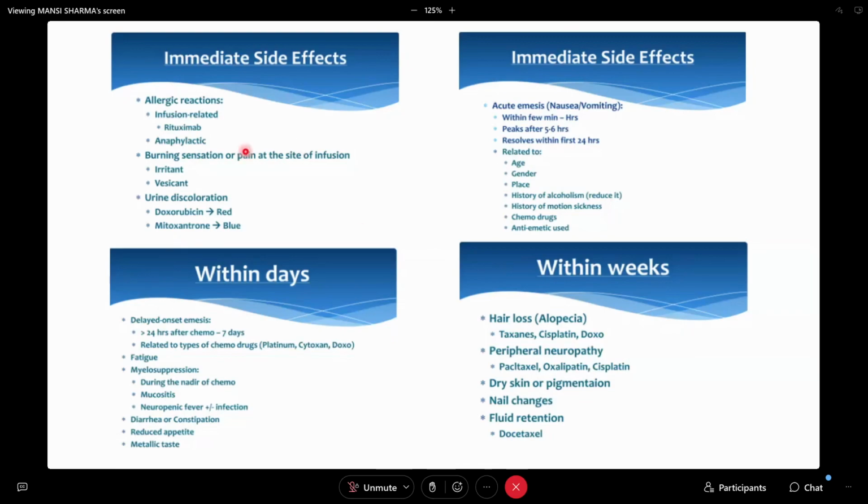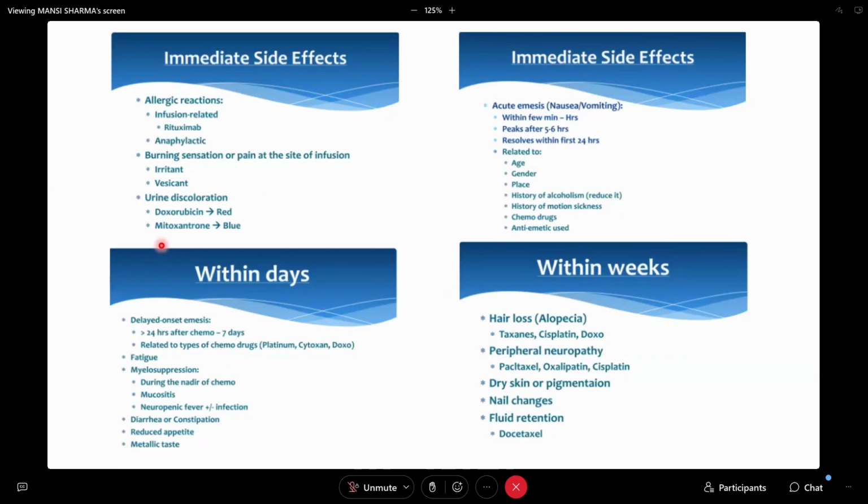We also have drugs that can be vesicants or irritants. There can be extravasation. You need to know which drug causes what kind of extravasation and what is the mechanism of action. You need to know when to give what to prevent or to treat these extravasation reactions. We look at the urine discoloration. We have to counsel the patient because patients will panic.